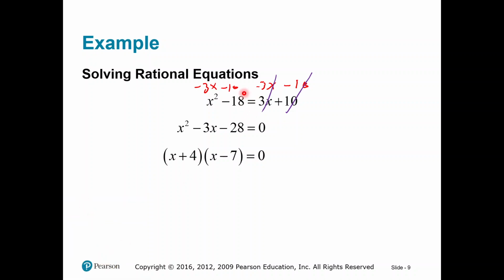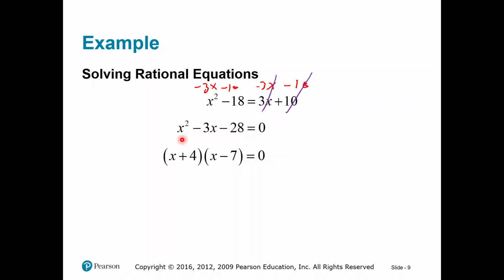And so 10 plus 18, since they're both negative, we get negative 28. And now we have x squared minus 3x minus 28 equals 0.